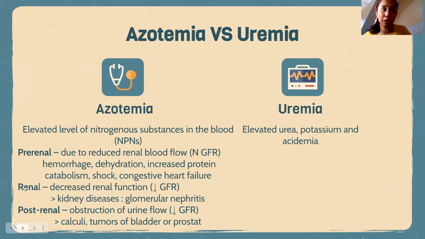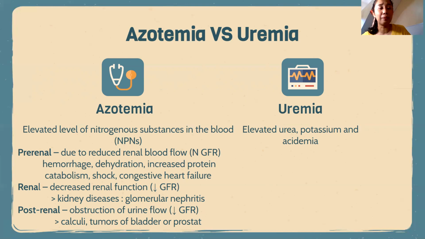Next, renal: there's something wrong with your kidney. That's why the glomerular filtration rate is decreased. So there's kidney disease, it's renal azotemia. Expect elevated NPN when there's kidney disease, isn't it?